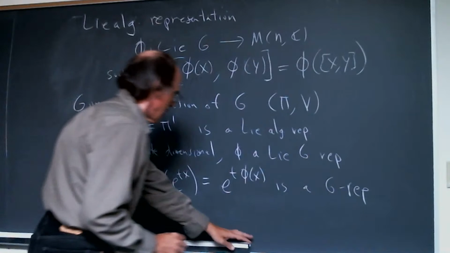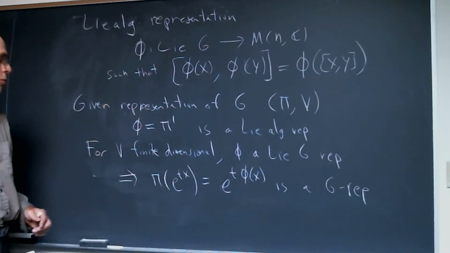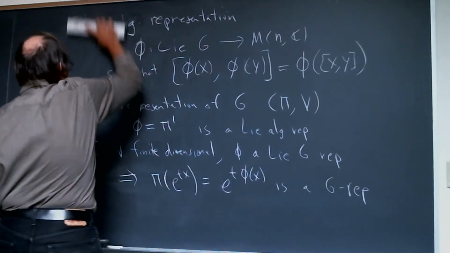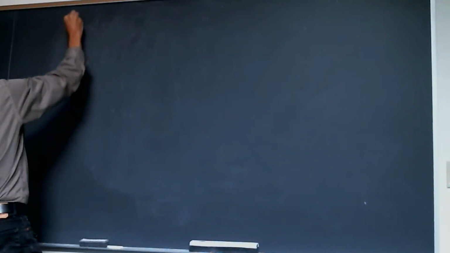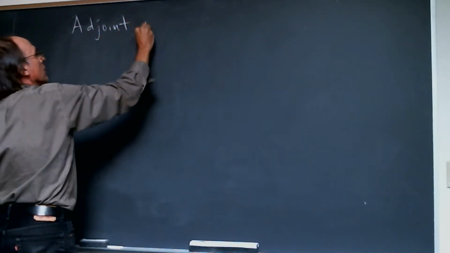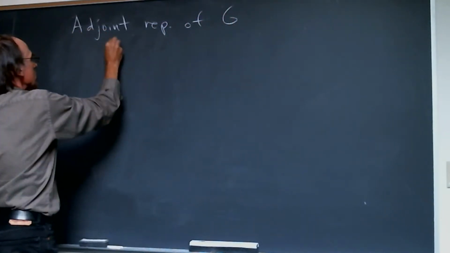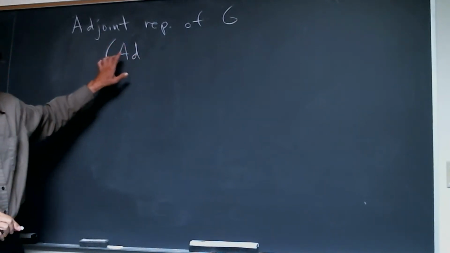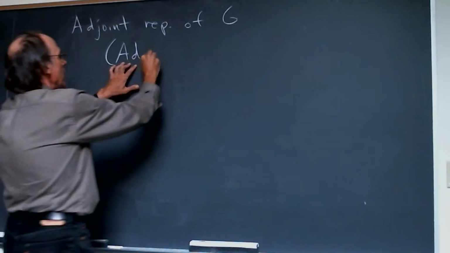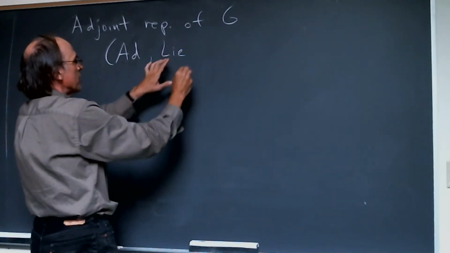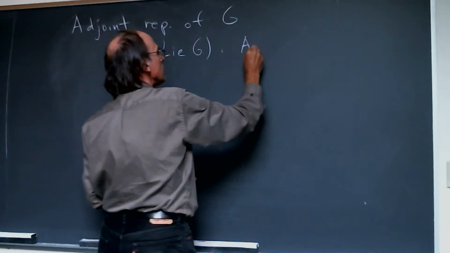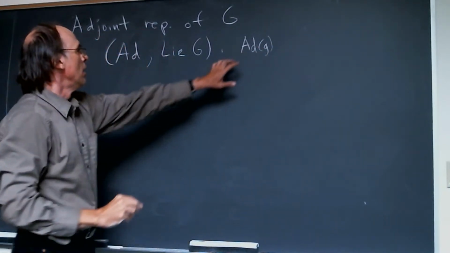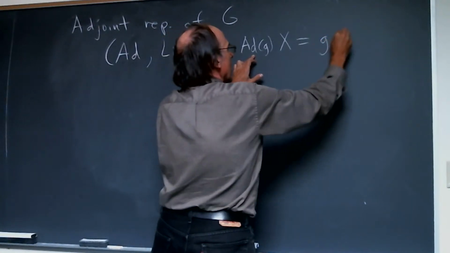Oh yeah, sorry. One last thing. I need to say one more piece of generalities about Lie algebras: there's a representation called the adjoint representation of G. Instead of writing pi, I'm going to write capital Ad, and the vector space is the Lie algebra g, and this is given by Ad of g applied to X is g X g inverse.